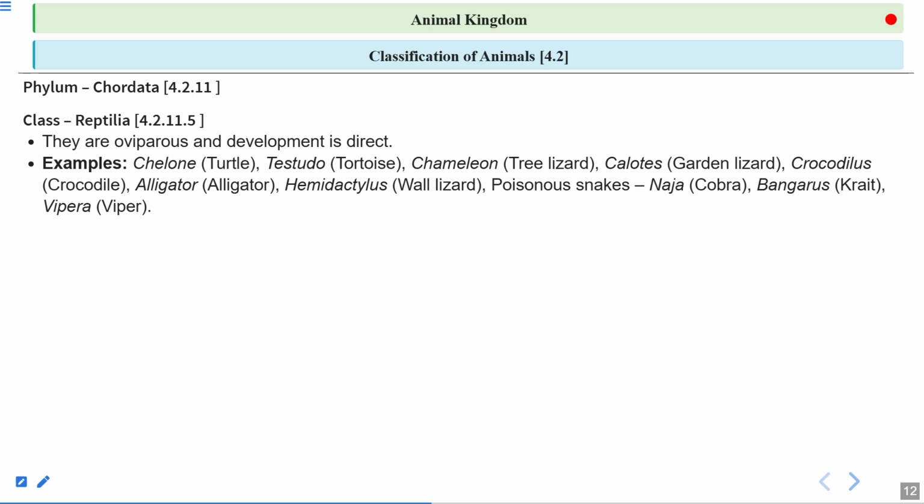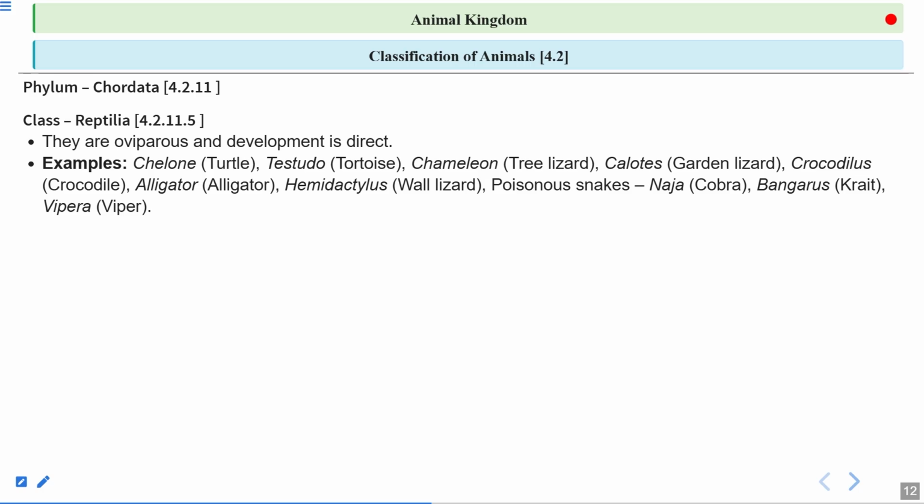In the case of turtle, they have a flap-like structure. But if you see the tortoise, they have small fingers. The fingers do not appear in the case of turtle, right? And the turtle spends most of its time in the water. Tortoise do go to the water, but not for most of the time, right?